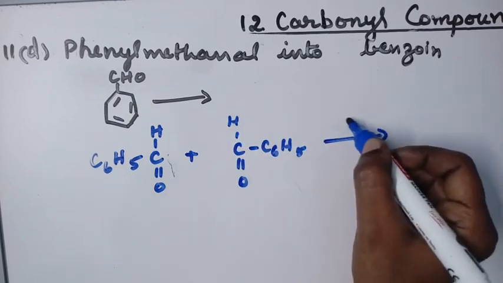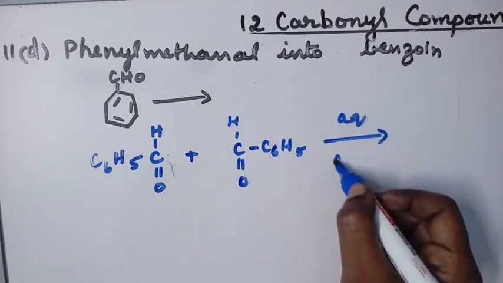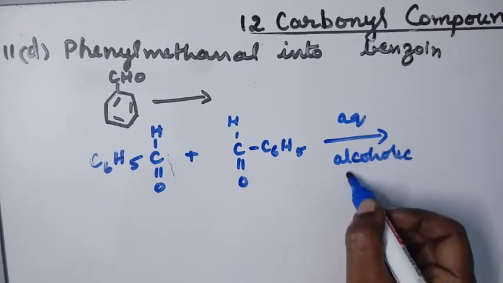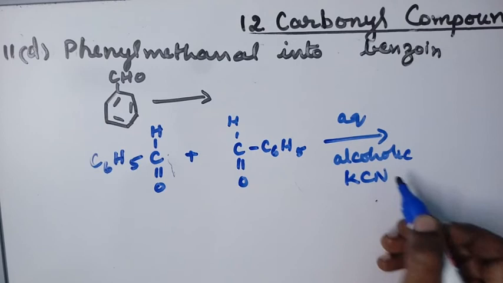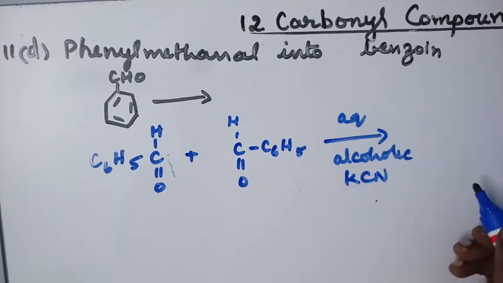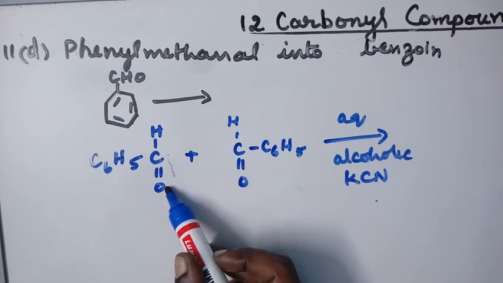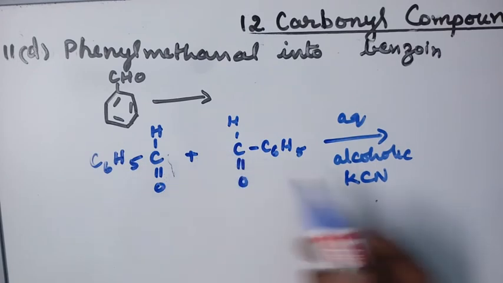in the presence of aqueous alcoholic potassium cyanide, KCN, benzoin forms. This hydrogen is shifted to this oxygen, and this makes a bond with carbon.